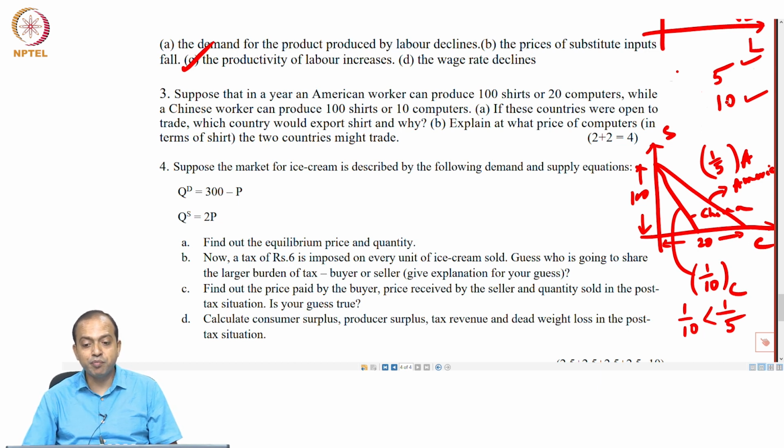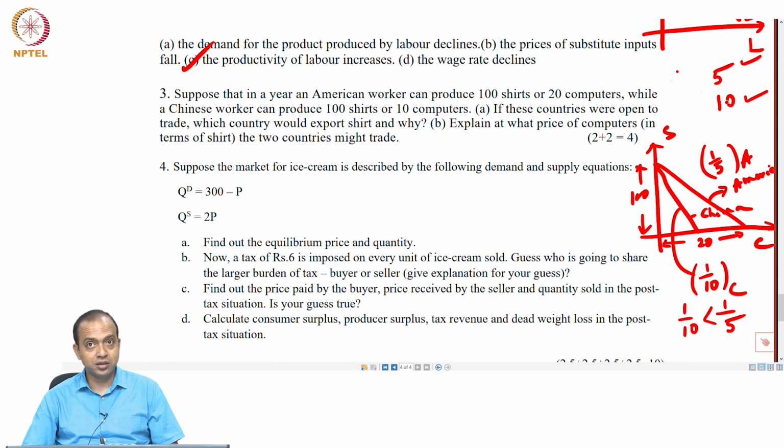Here the question is the price of computer in terms of cert, which is 5 in America and 10 in China. Okay. So, America will offer China a price which should be acceptable to China.